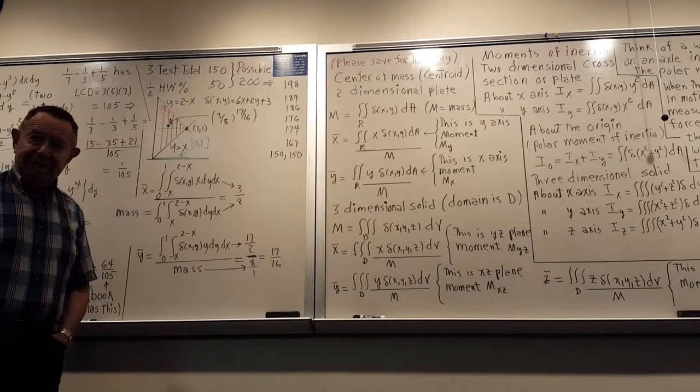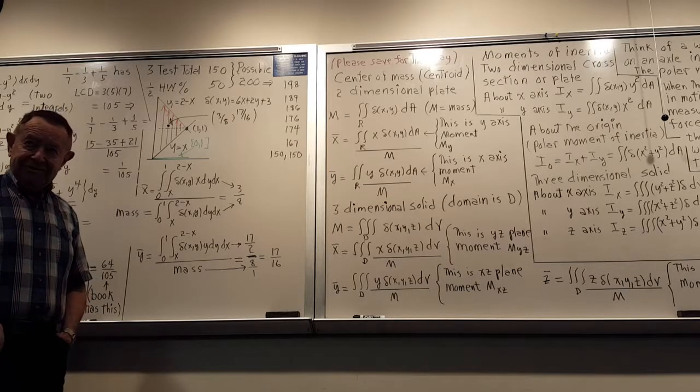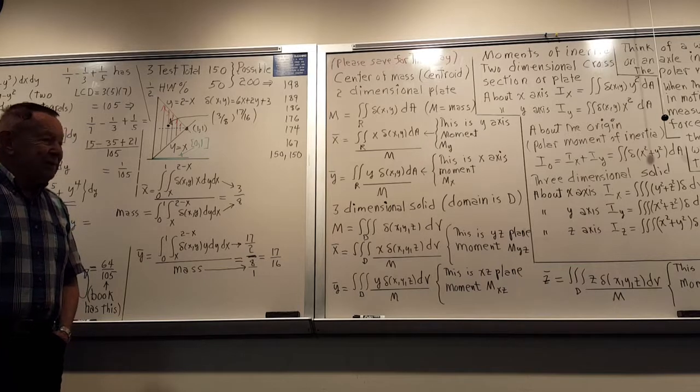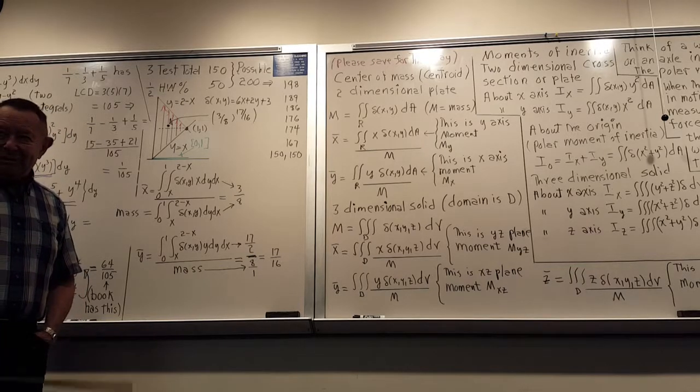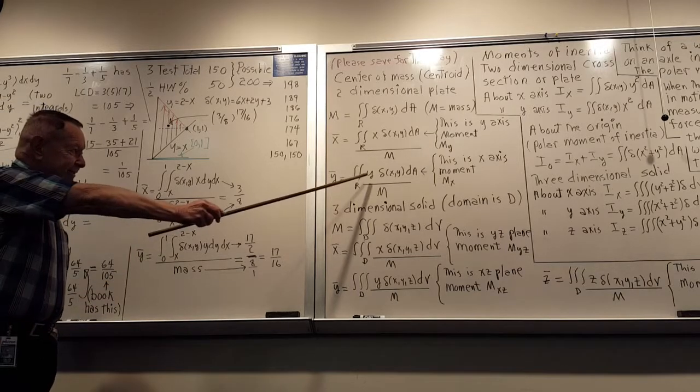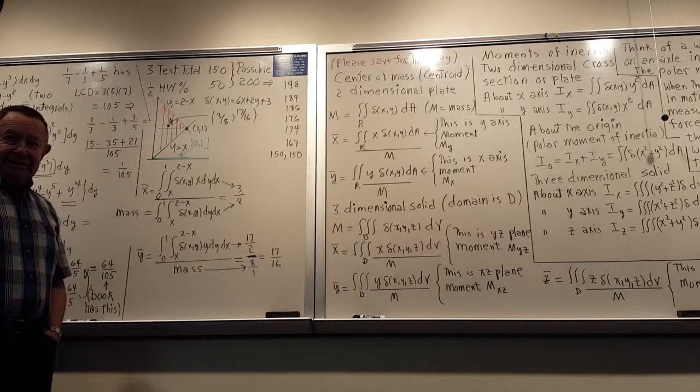If you can think back to how you did things in chapter 6, of course that was last semester, so maybe you don't remember it, but this is a lot cleaner, certainly.